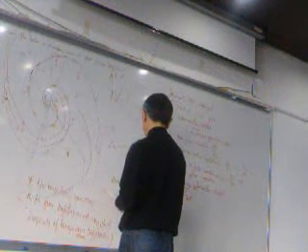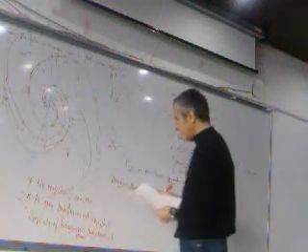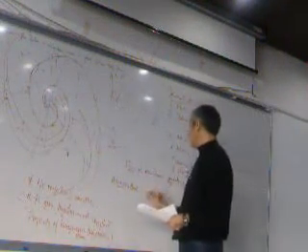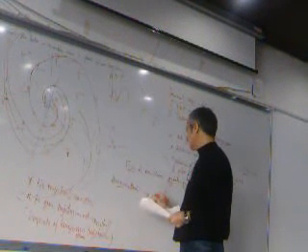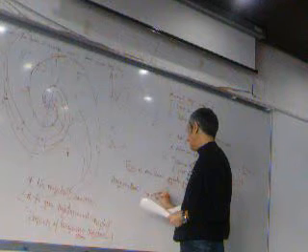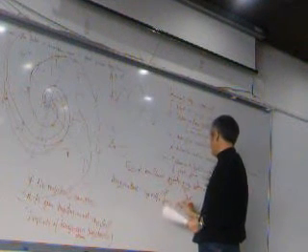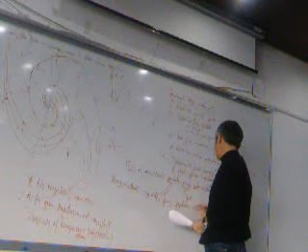Assuming that by itself, prey population grows indefinitely. By itself, this is typical. Approximately, you can say typical. By itself, prey population will grow indefinitely.